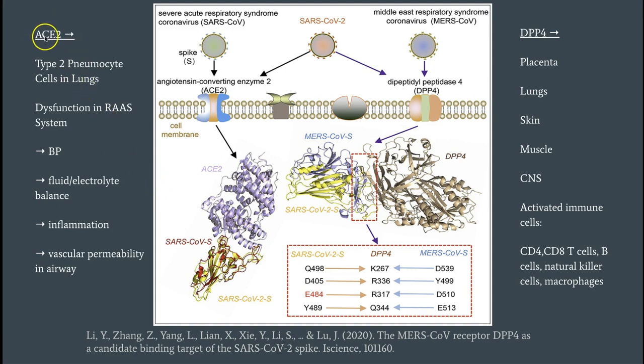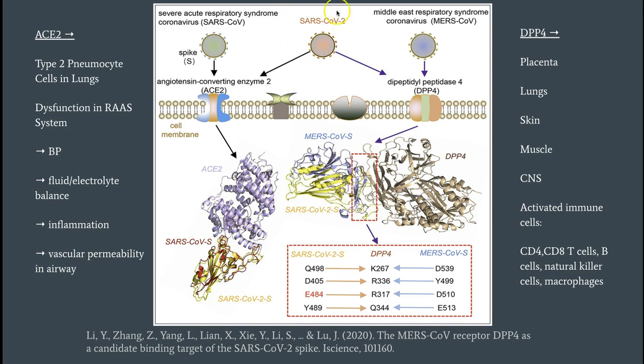And then angiotensin, like I said before, is mostly in the lungs, and it causes multiple dysfunctions in terms of blood pressure, electrolyte imbalance, such as sodium water retention, inflammation, and vascular permeability.